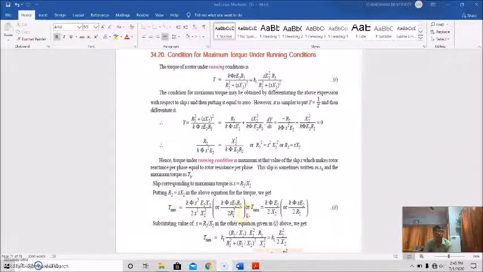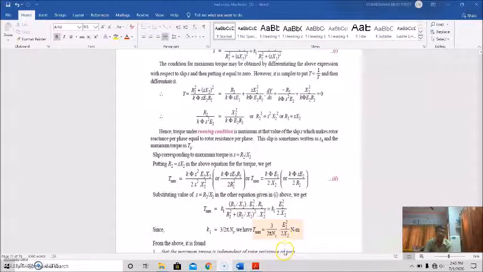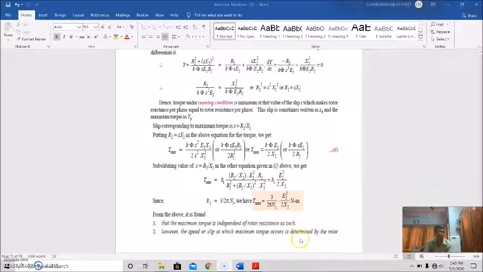Substituting the value of S equal to R2 by X2 in the equation given in 1 here, we get maximum torque equal to this, either this or this. Since K equal to 3 by 2 pi ns, we have this maximum torque in Newton meters.